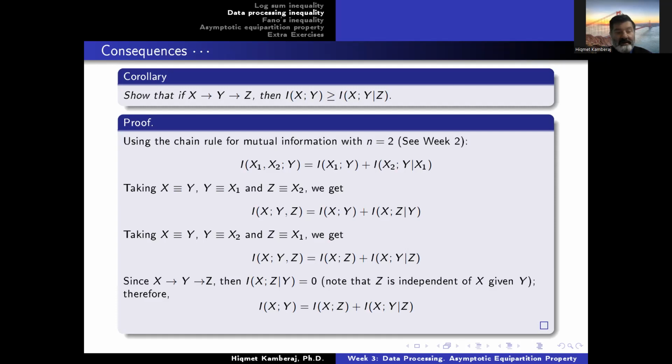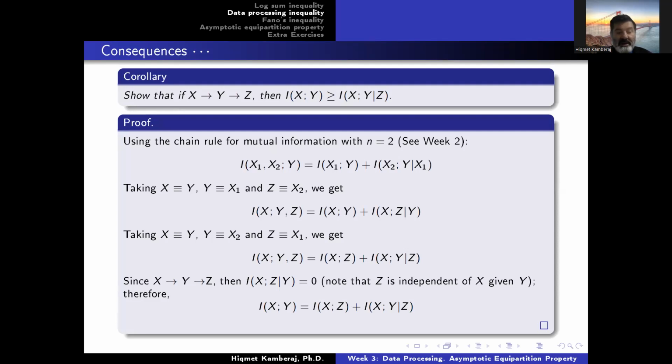Now we rename for a second time: x as y, y as x2, and z as x1. Then we get the following. The mutual information between x and the pair y and z is equal to the mutual information between x and z plus the mutual information between x and y given z.